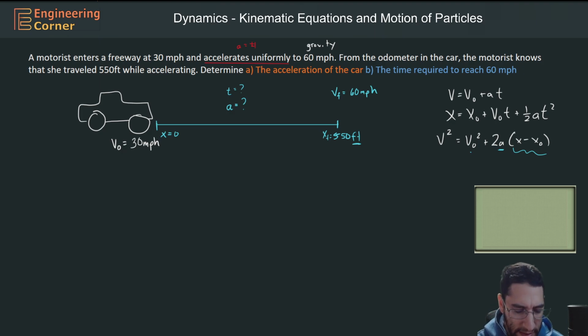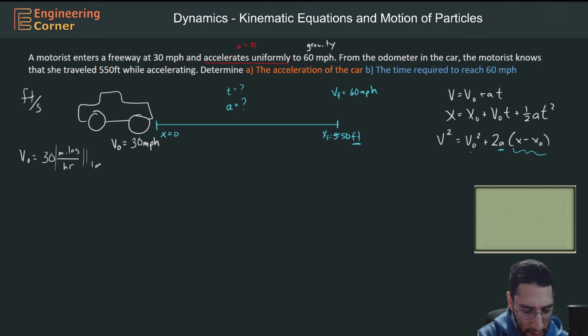So first, let's convert our miles per hour to feet per second. Our initial velocity is 30 miles per hour. We want feet per second. So we want to multiply first to get rid of our miles.